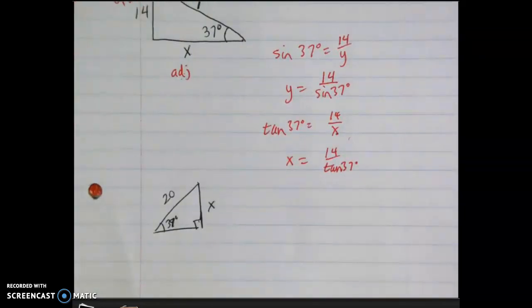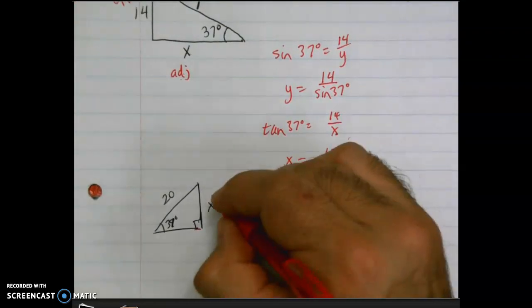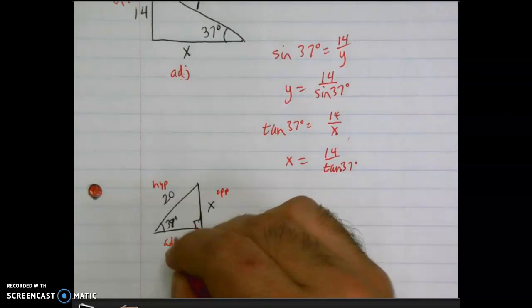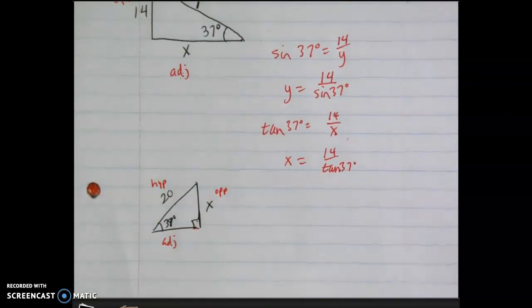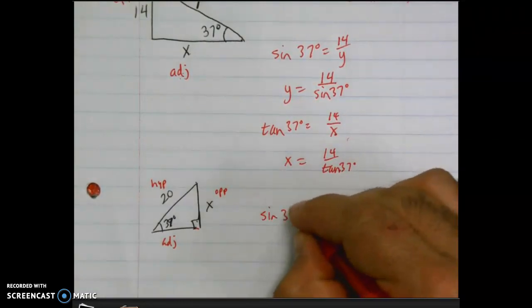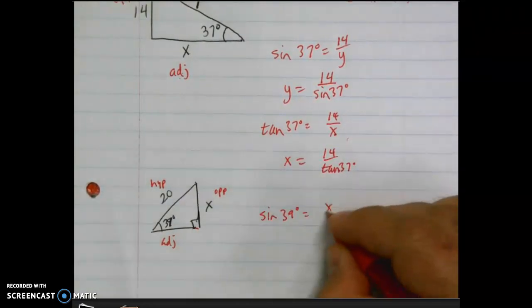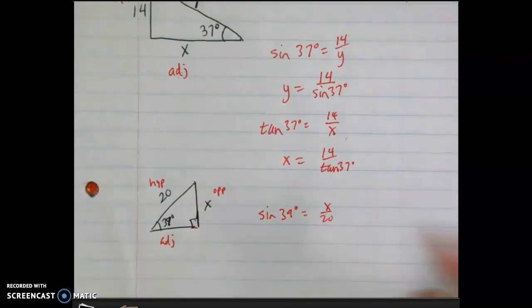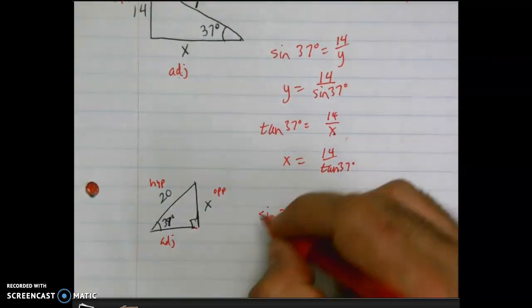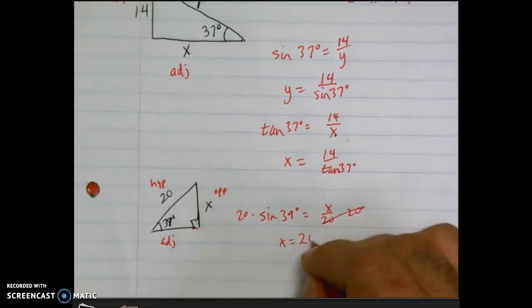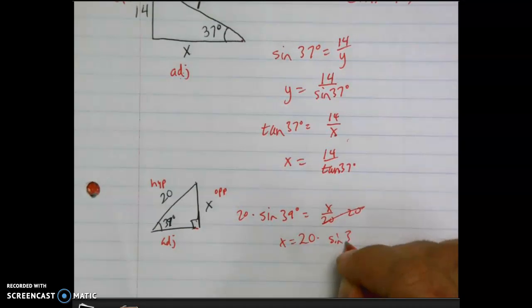Okay, when I look at this one, I'm thinking opposite, hypotenuse, adjacent. Again, that tells me it's sine. So I'd have an equation like this where it says sine of 39 degrees is equal to opposite x over hypotenuse. When I see the x is in the numerator, I just multiply by my denominator to figure it out. So x becomes 20 times sine of 39.